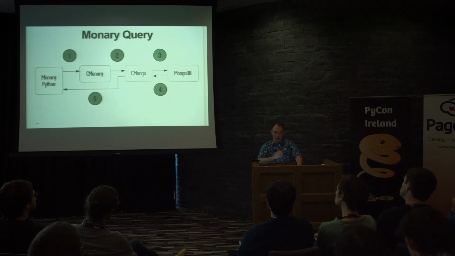So if you are going to have big data sets, I'll have it in the slide notes. There's a pull request where you basically add 2 lines to the Monary C file and recompile it, so you can deal with larger data sets.